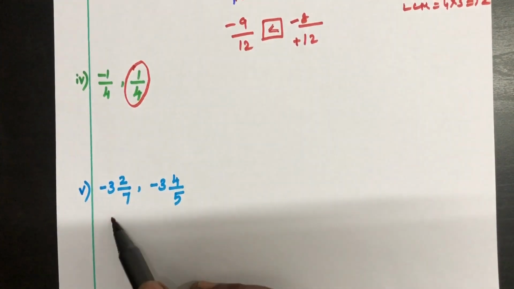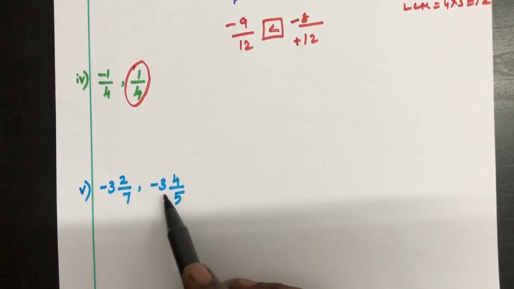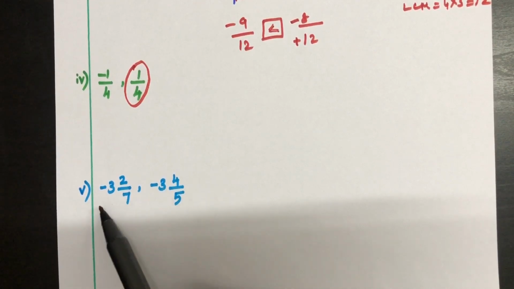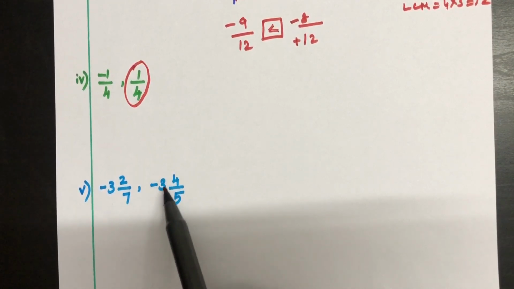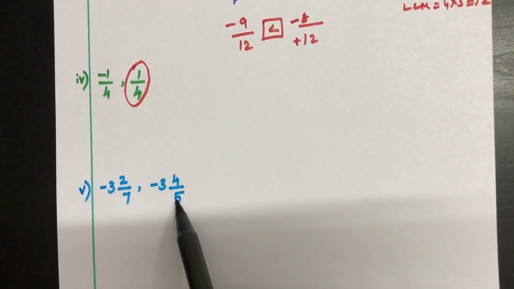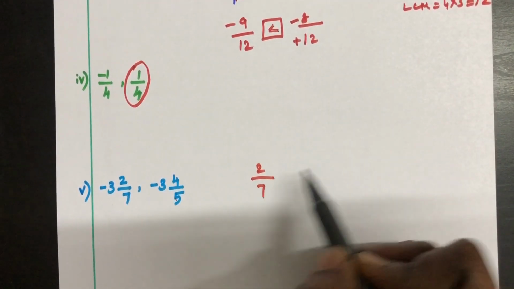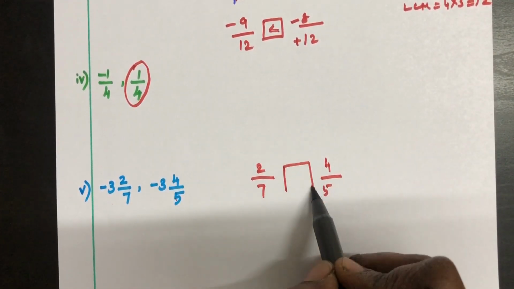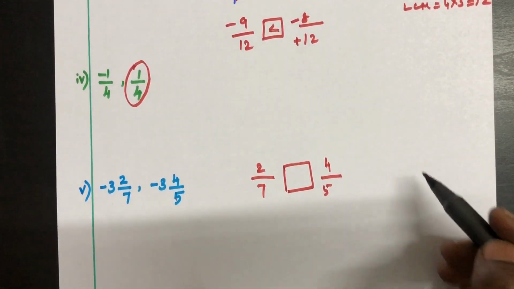And now this one, minus 3 and 2 by 7, minus 3 and 4 by 5. See, it's a little catchy here. Both are negative and the whole number here is 3. So we should compare only 2 by 7 and 4 by 5. We are going to compare only the fractions. Let's compare.